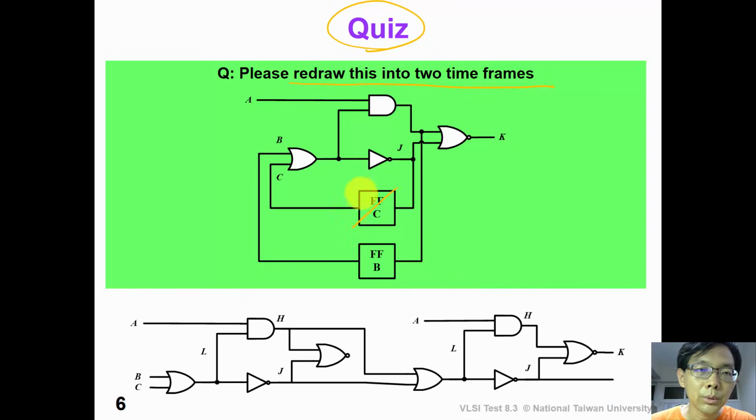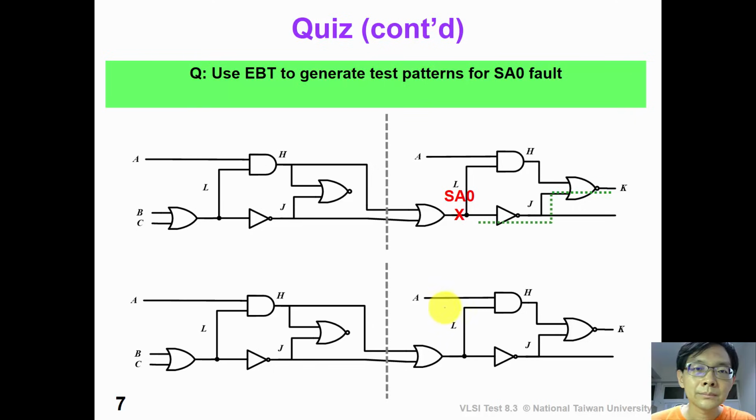We simply remove these 2 flip-flops and connect them by wires. Have you got it correctly? Now, given these 2 copies of circuits, please use EBT to generate a test for this stuck-at 0. Now please pause the video and work on this quiz.